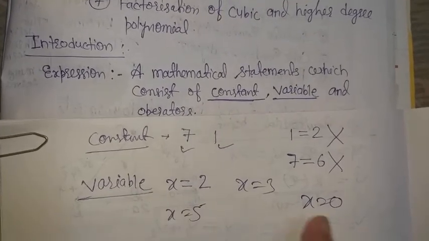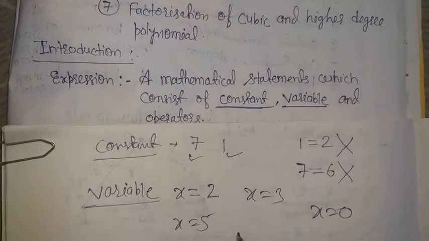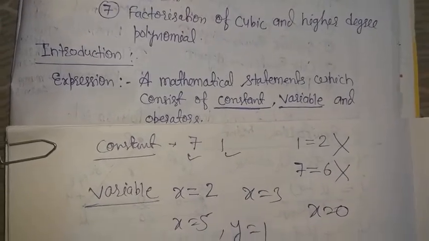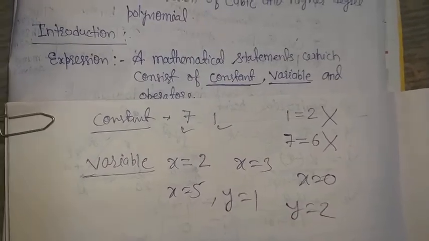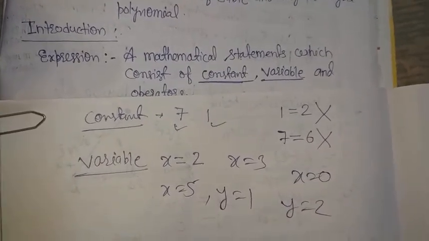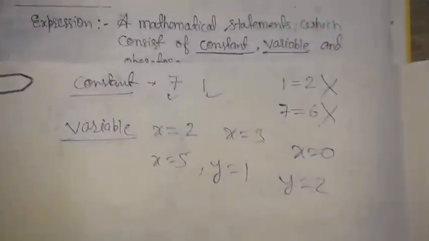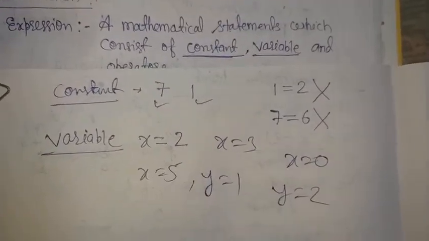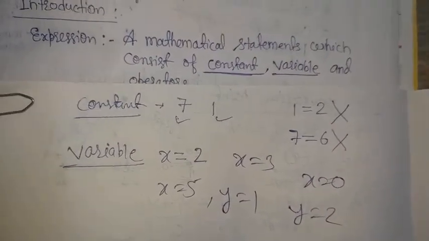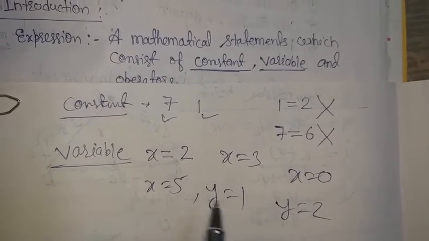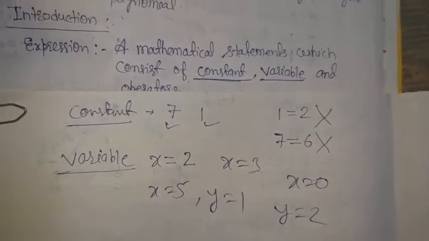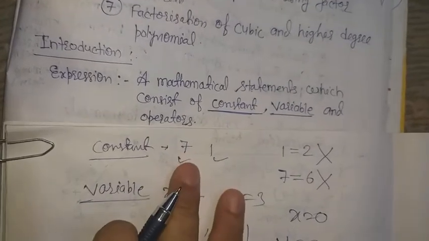So here x is called a variable, like y equals 1, y equals 2. Here y is called a variable. Means variables are those quantities whose value is not fixed. And third is what?